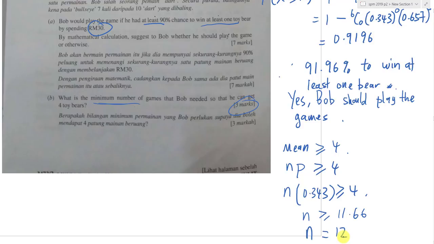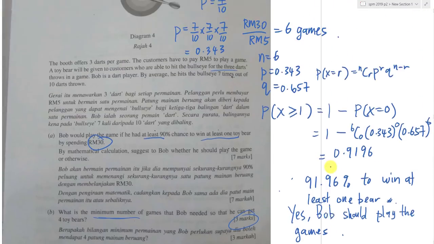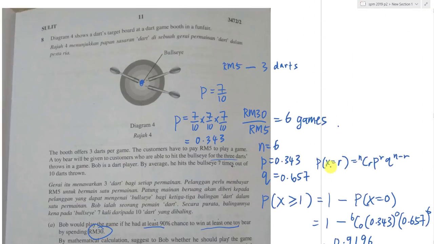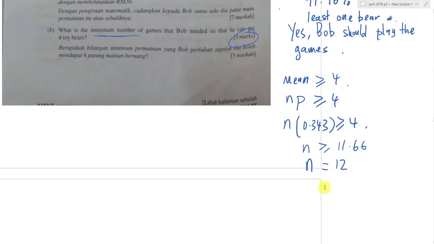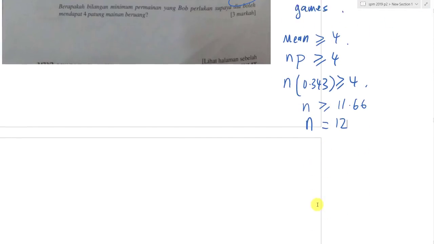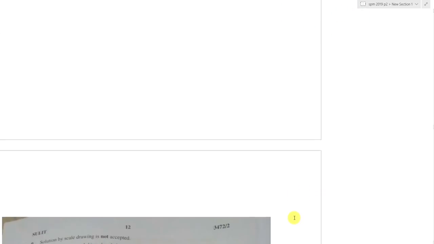But they ask about the minimum number, right? So I take the smallest over here. This is the reason why I use the inequality here, that means equals, he can get 4 bear or more than 4 bear. Okay, so this is my logic. I'm not 100% confident my answer is correct, so I just share my logic here. If you get a different answer, feel free to share in the comments below to let me know.